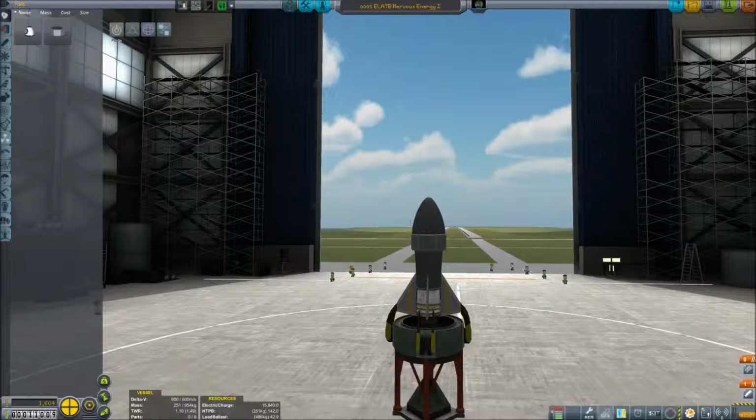All launchers, so big sub-assemblies for launching things, are going to be named after Norse gods. Crewed ships are going to be named after famous scientists, and so on and so forth. I'll get a little bit more into that later. And then the 1 at the end just signifies it's the first launch of this class of ship. So if we have something very similar, it might be called Nervous Energy 2.